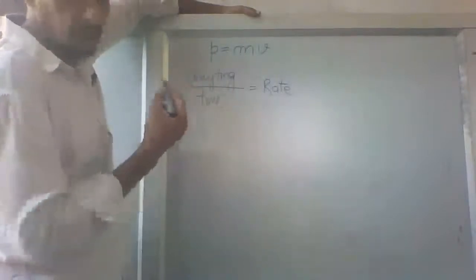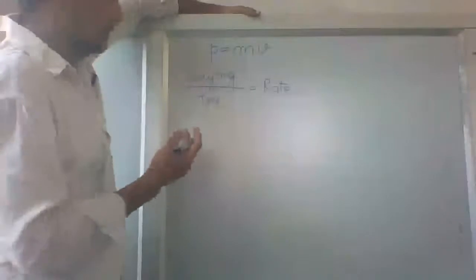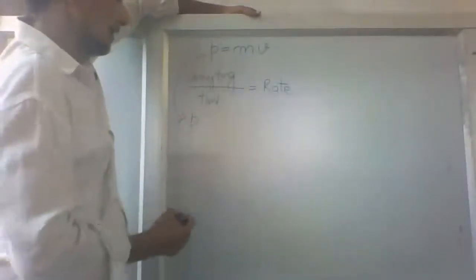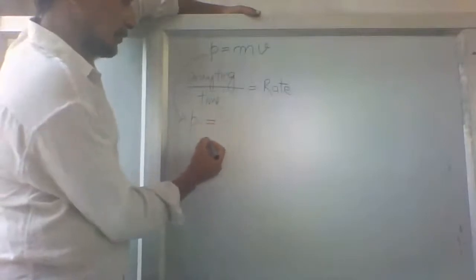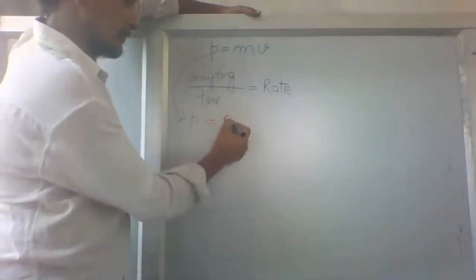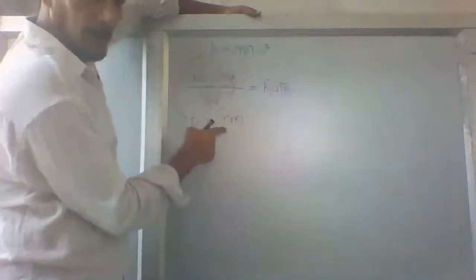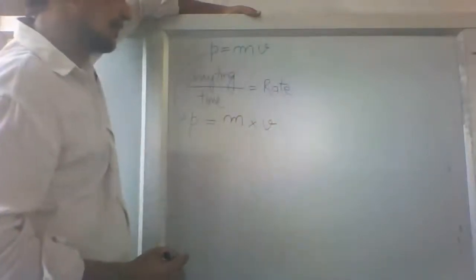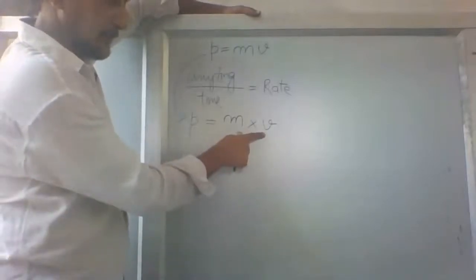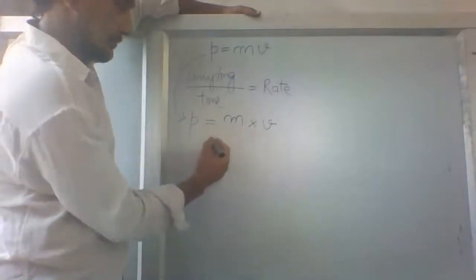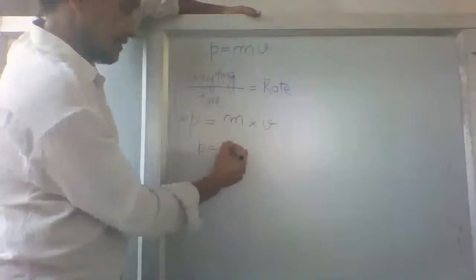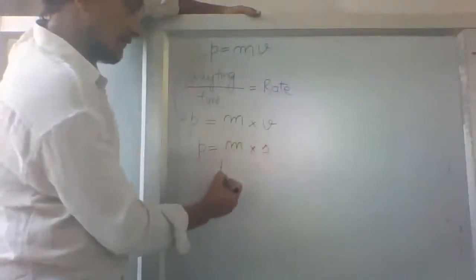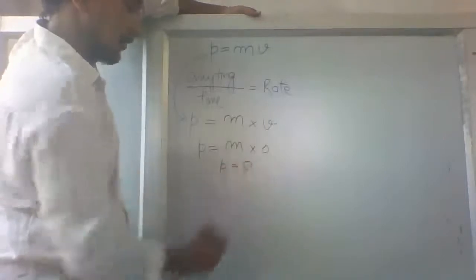So momentum was P. Its symbol is small p. Momentum is equal to the product of mass small m into its velocity. If the velocity of an object is 0, then mass multiplied by 0 makes the momentum p become 0.